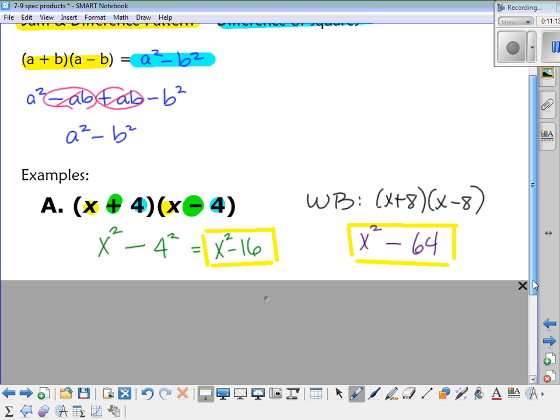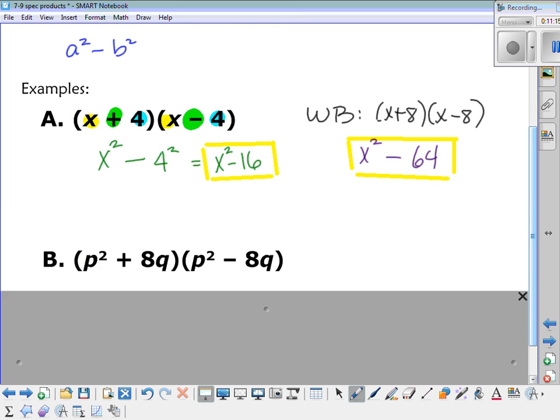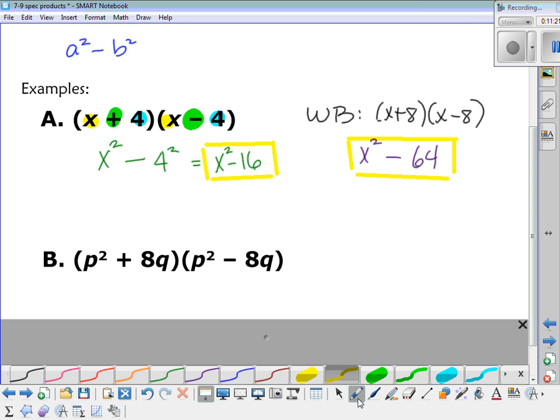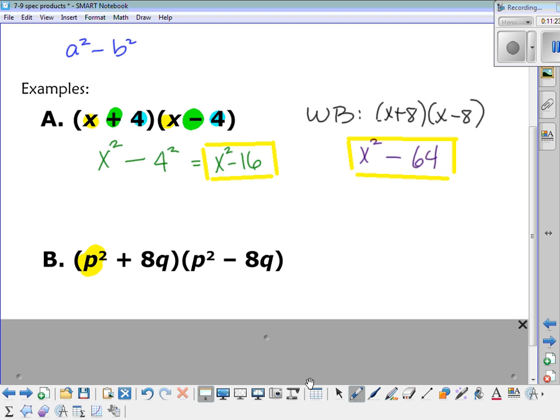All right, another one for your notes. Okay, so I've got (p squared + 8q) times (p squared − 8q). So my a squared is going to be p squared times p squared.